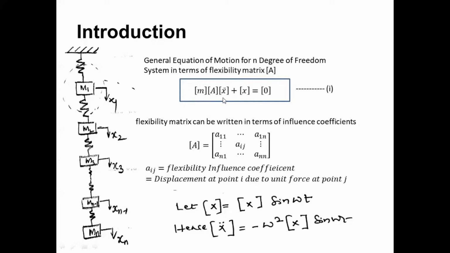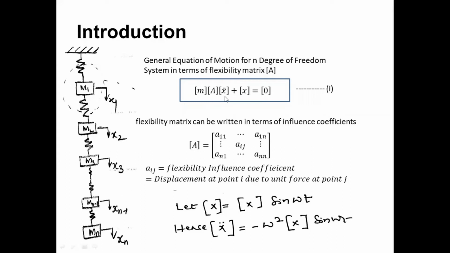So you can write the governing equation of motion in terms of flexibility matrix like this, where flexibility matrix can be written in the form of influence coefficients. And in the previous lecture, we discussed how to calculate different influence coefficients for multi-degree freedom vibration system.